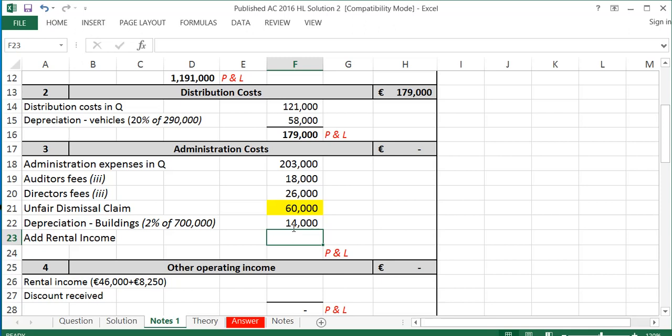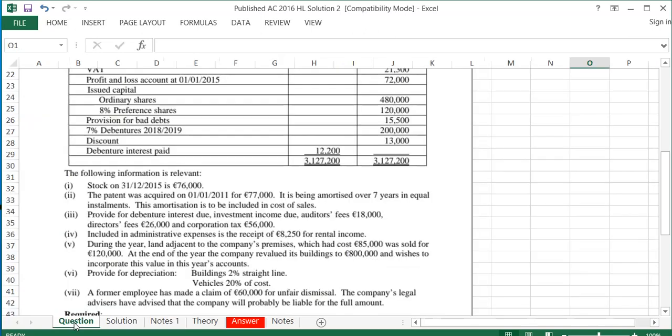There was an error with rental income. I can see from note, if I look at my notes, note 4, included in admin expenses is a receipt of 8250 for rental income. Well, admin expenses have a debit balance. Rental income has a credit balance. So if that 8250 has to be taken out of that account, if the credit balance is taken out, my debit balance is going to go up, because initially when the 8250 was put in as a credit, it would have reduced my debit balance.